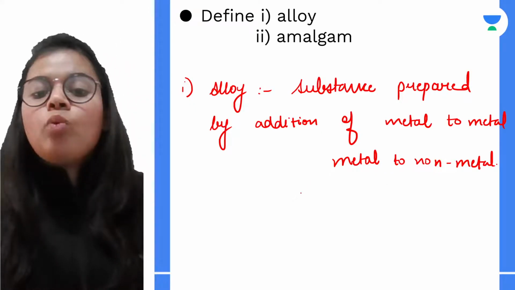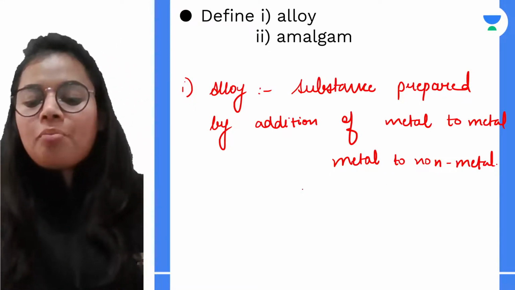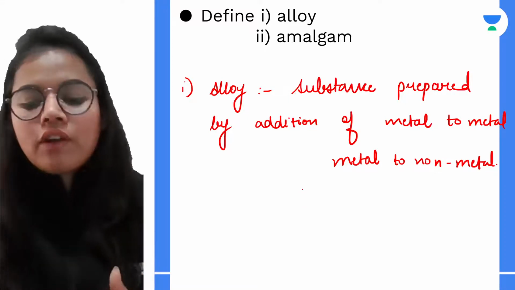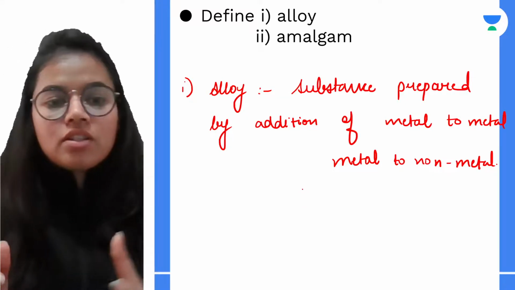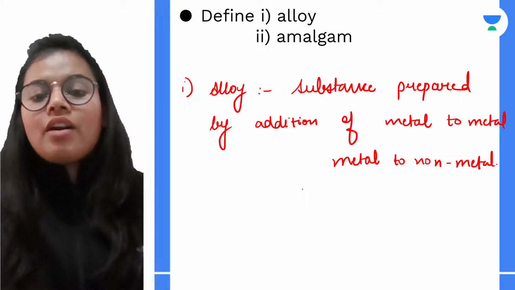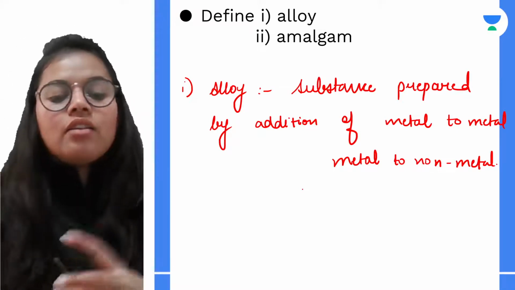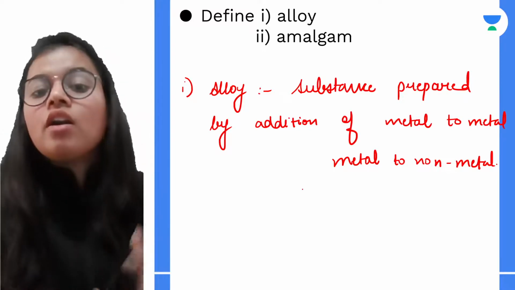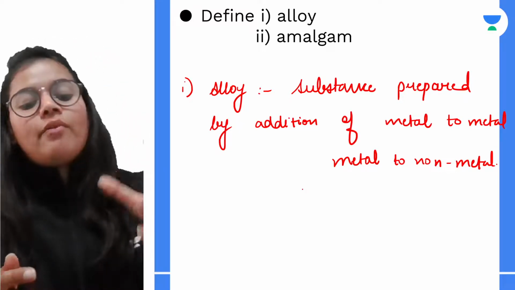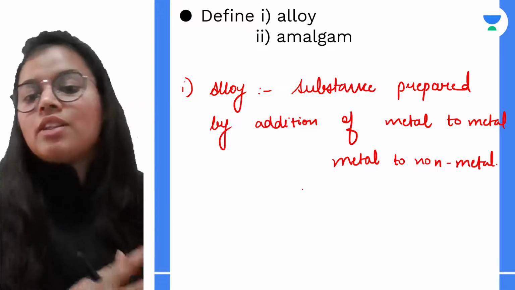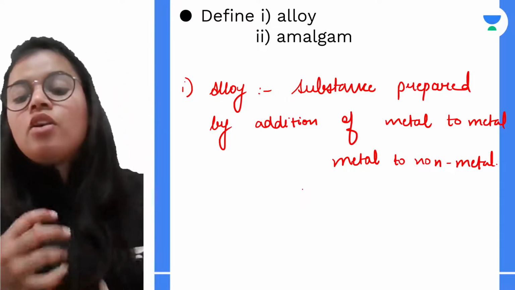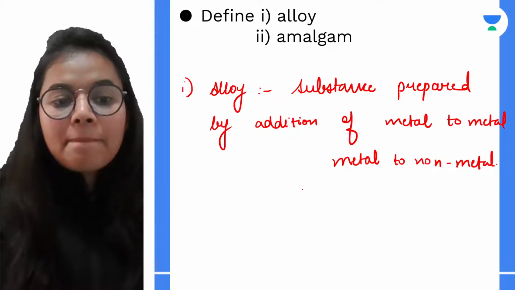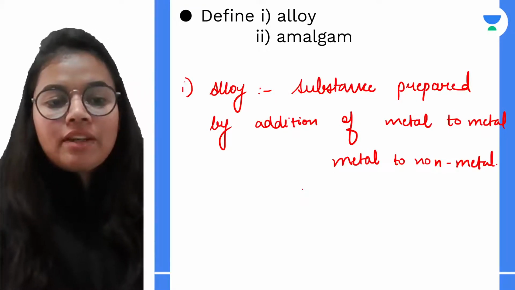And what is it used for? To change the properties. So what are the processes of alloying? Either we melt the mixture and then mix it, or we compress it and then solidify the mixture. So there are different methods of alloying, but basically an alloy is when we are mixing a metal with another metal or with a non-metal to have a change in the basic properties. I hope that is very much clear.